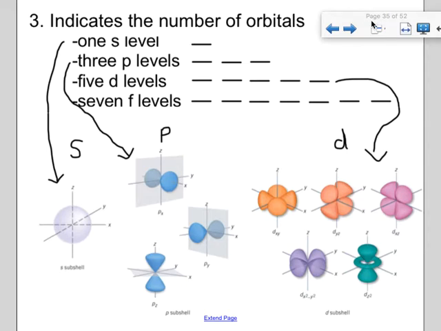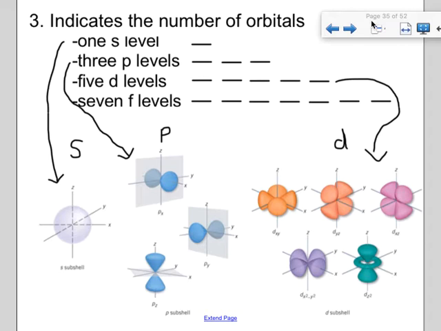But the thing I want to point out is, if I have something that looks like 1s, then an exponent 1, you're probably wondering what that means. This 1 is the quantum number, which energy level you're looking at. On the periodic table, 1s is either going to be hydrogen or helium.